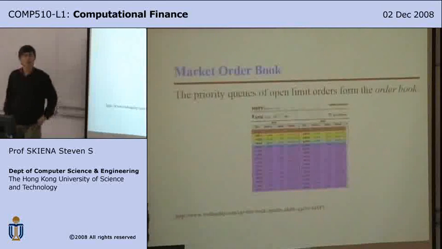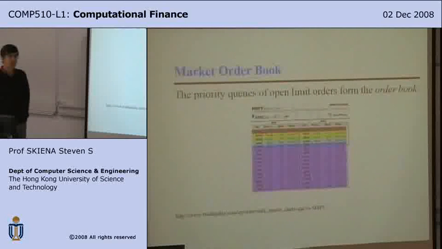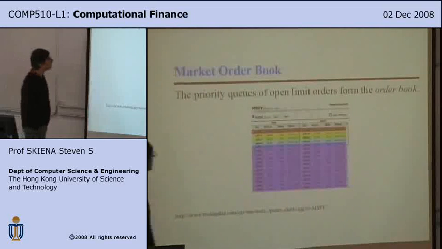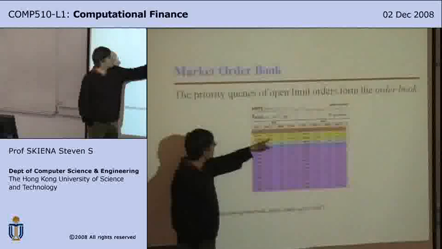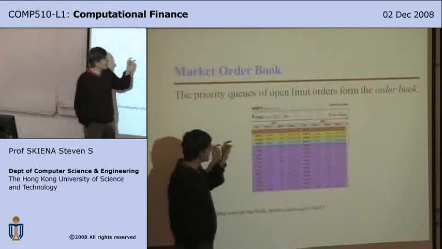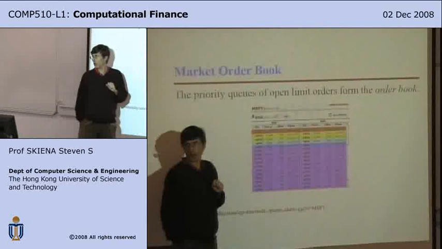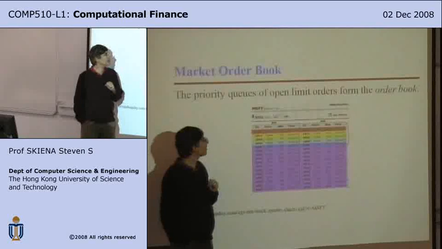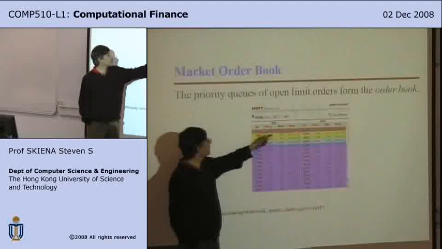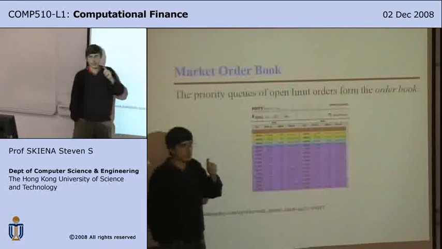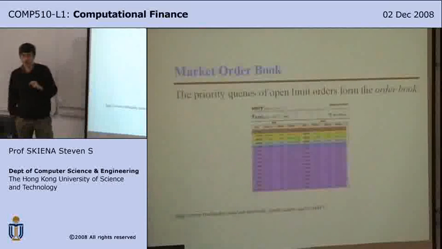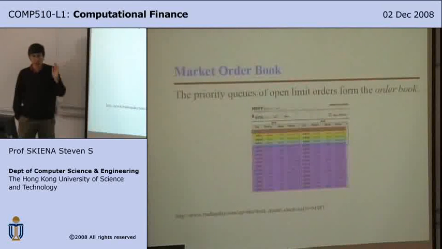Yes? How many prices could be in the queue? So the question of how many prices: there is presumably a minimum discrimination between prices. In this case, it looks like the smallest division is 1 penny. Back around 2000, the New York Stock Exchange went from the smallest discrimination between prices being 1/8 of a dollar down to a penny.